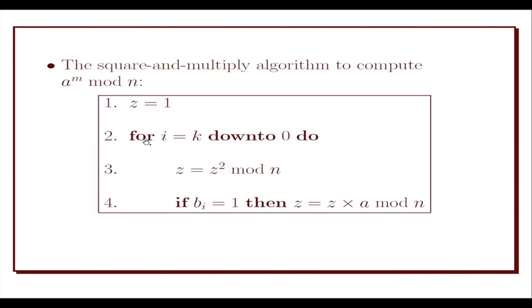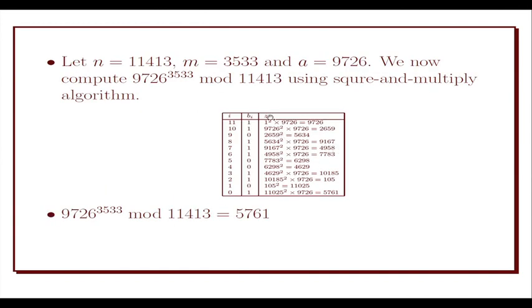Then we call this algorithm. We start from b11 with z equal to 1, and every time we square, whenever we see a 1 in bi we multiply. So z is basically 1. Now bi is 1, so we square z, 1 square, and because bi is 1 we multiply by a.